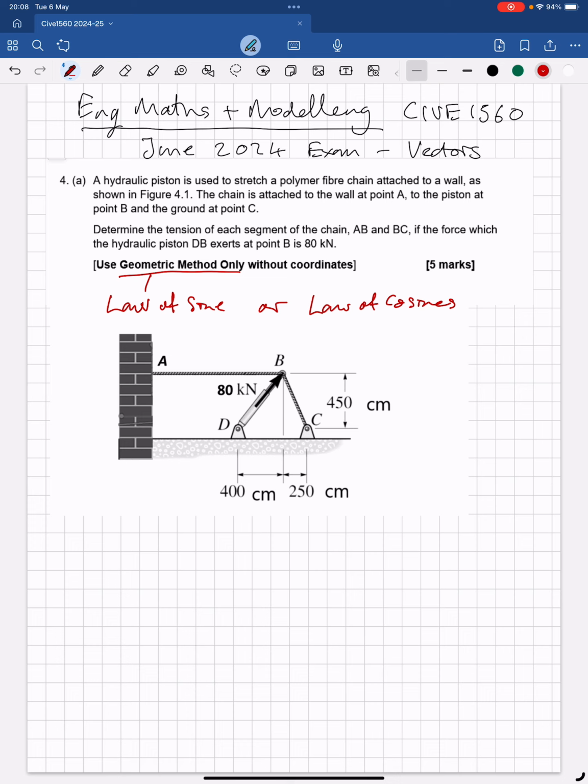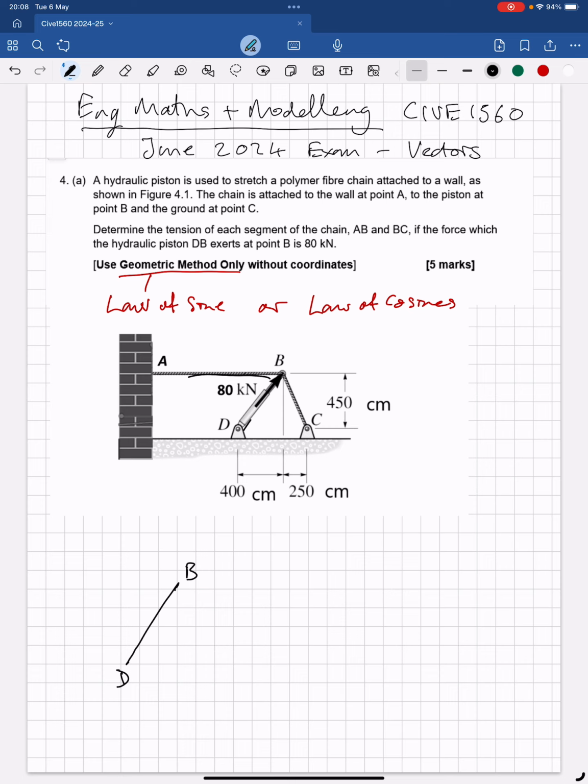So the first thing we need to do is to draw a set of vectors to represent the forces. And we've got three lines on this diagram, AB, DB, BC. And we know that the forces are in equilibrium, we're told that. So we can sketch, well, one force we know is this DB.